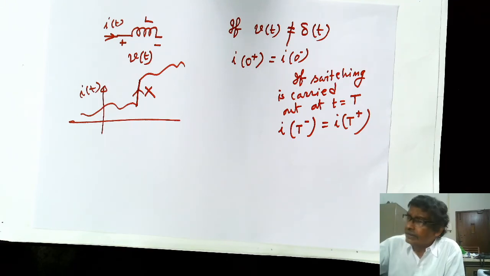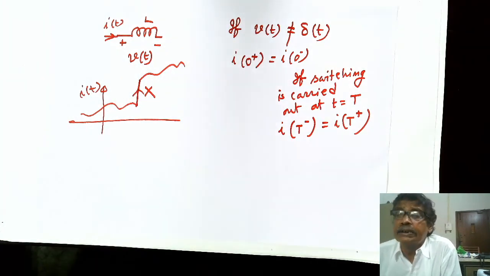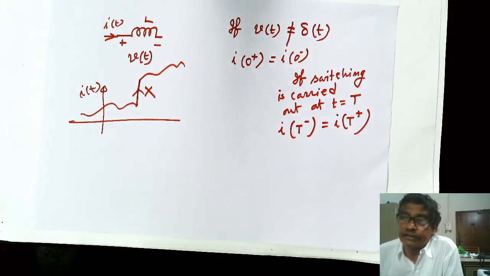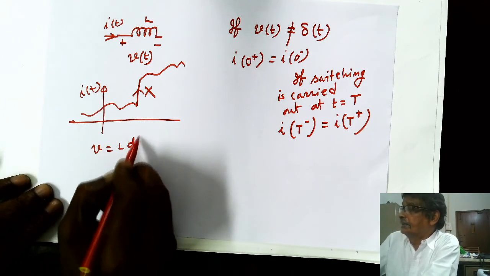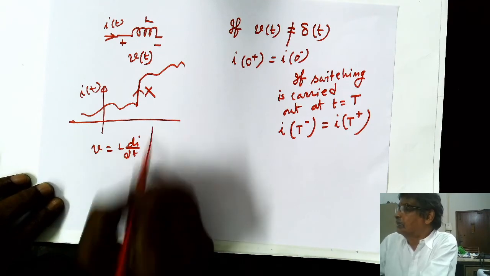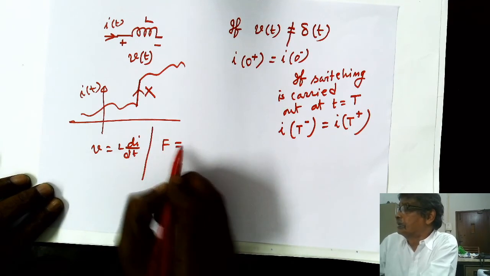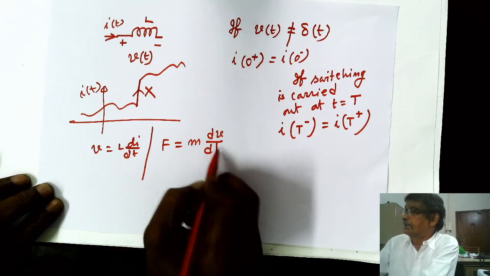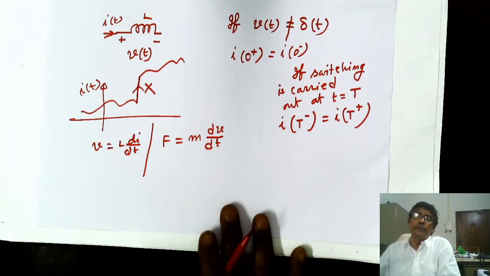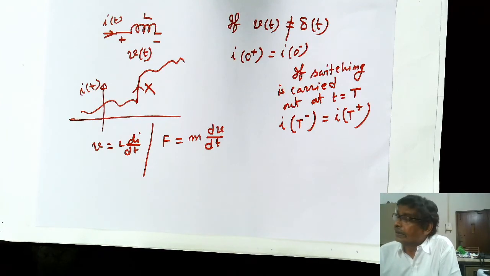Now, this last comment about the inductor: if you look at our physical systems, mechanical systems, this equation V equal to L di/dt looks similar to the applied force equal to mass into dv/dt. So often people say that inductance is an equivalent of mass in a mechanical system.